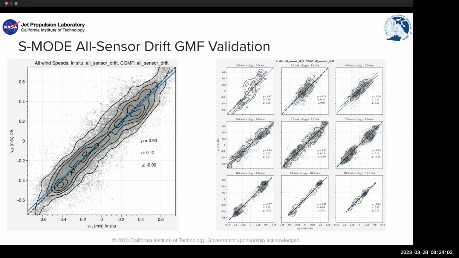And that's because at low wind speeds, a lot of the waves that are generated are not locally generated by the wind. And the backscatter cross-section is very low, and so things are noisier. But things improve with higher wind speeds, and overall, you have a pretty decent correlation, but the scatter is going up.